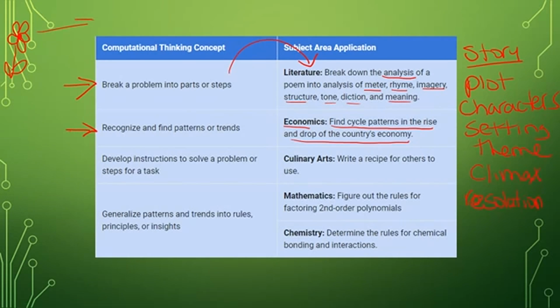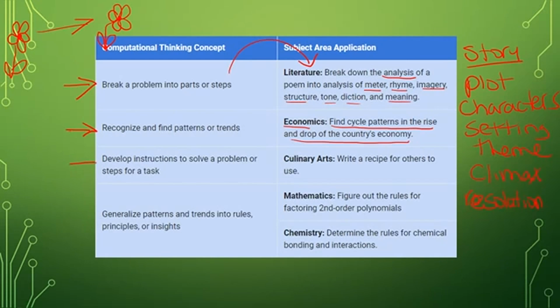Maybe they've done something earlier with a similar type of plant, or they've read something earlier about a specific kind of plant. They can take that information and see patterns to apply it to their new problem.